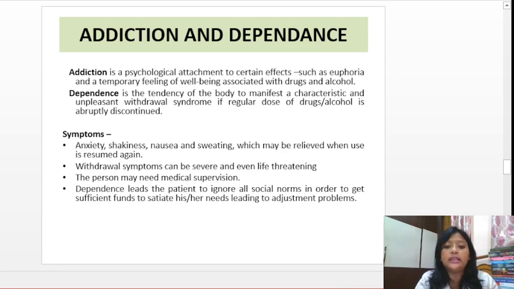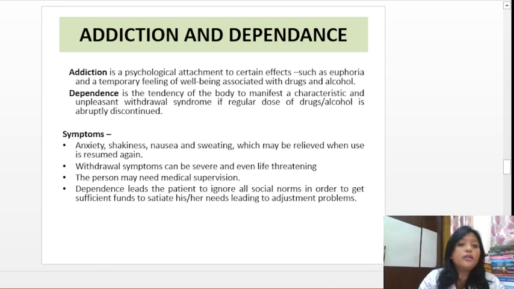Third, this type of people need proper medical supervision; they need to be admitted to the hospital. Last, when people are dependent on drugs and alcohol, they forget what is legal and what is illegal. They will do anything to get the money and to obtain those drugs or alcohol, because they only want to satisfy their body's needs.